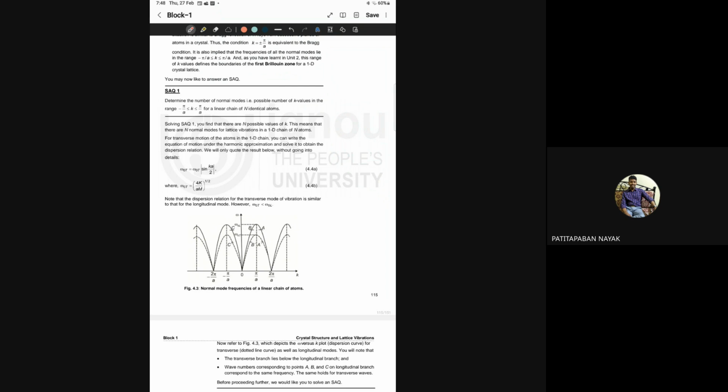This monatomic and diatomic are many times asked as questions, so I think all of you should practice the monatomic and diatomic dispersion relation. I know these 4 to 8 classes are not sufficient to explain everything, but I should be able to give you a foundation where you know what a crystal structure is, how crystal structure is determined, and how exactly the lattice points interact so that they give rise to different dynamics.